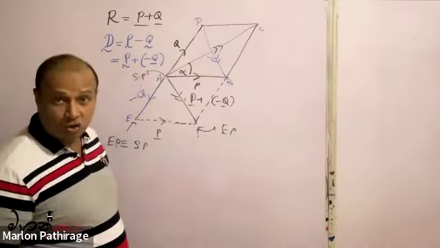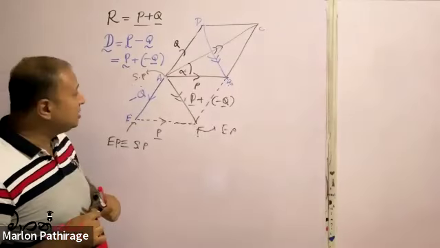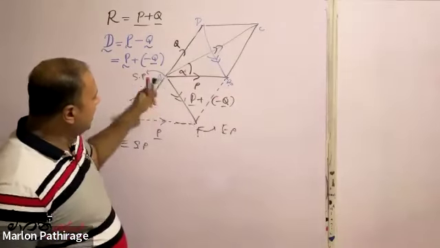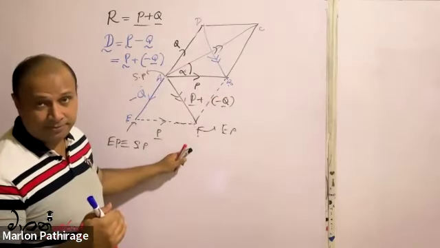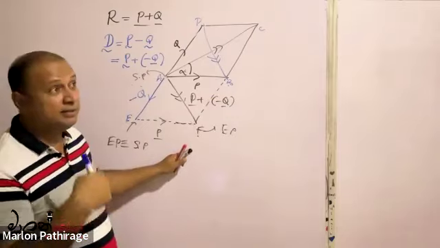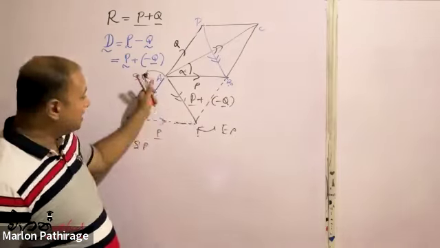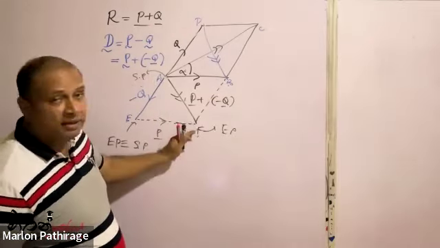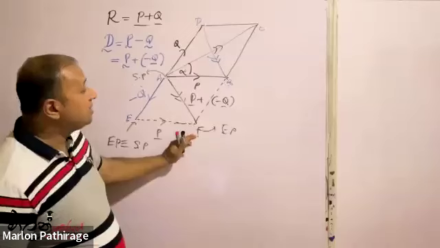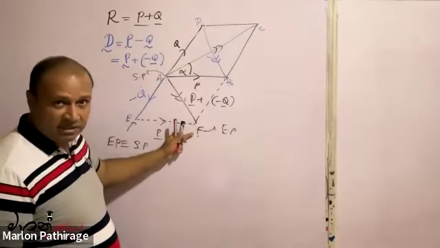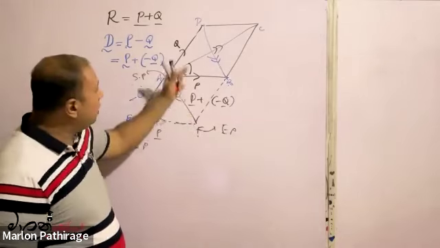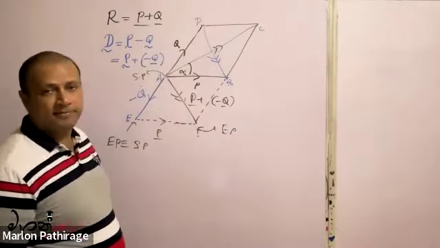As it is a parallelogram, DB and AF are two parallel, opposite sides. As they are opposite sides, their lengths are equal as well as their directions. Therefore, AF vector is equal to DB vector.